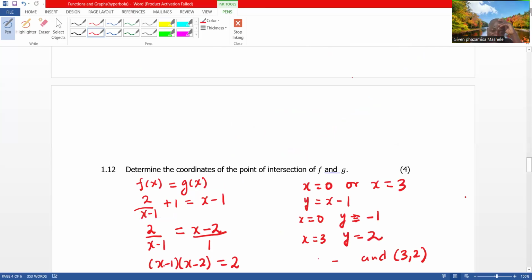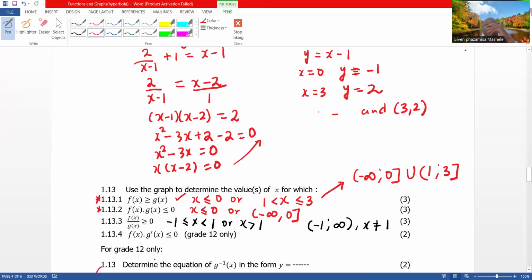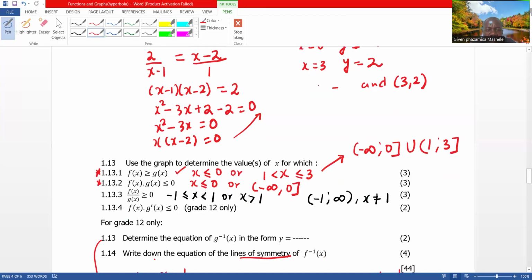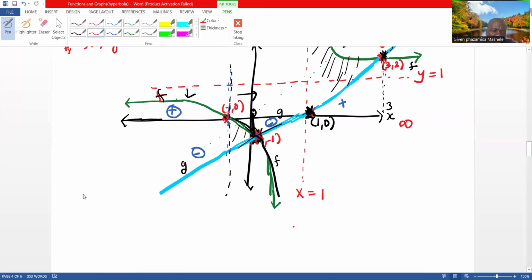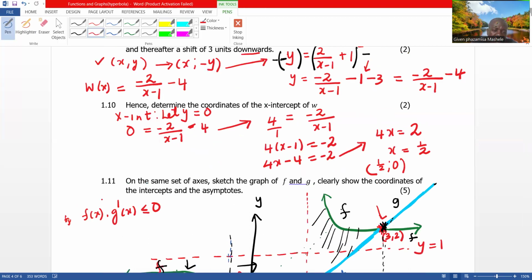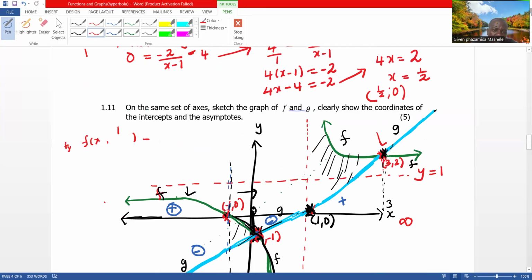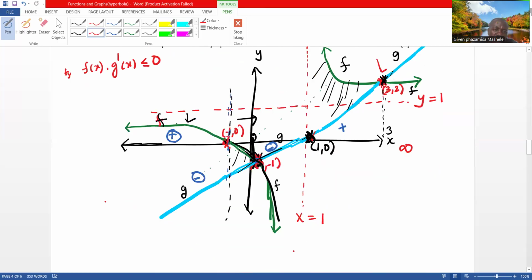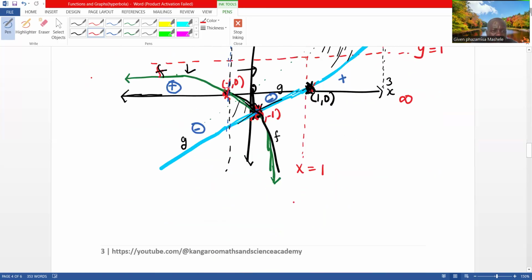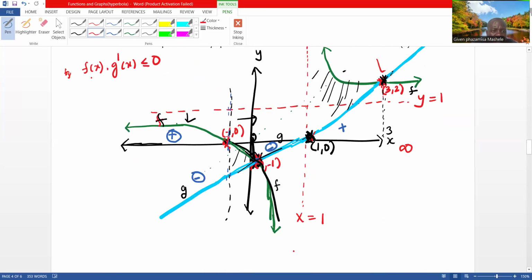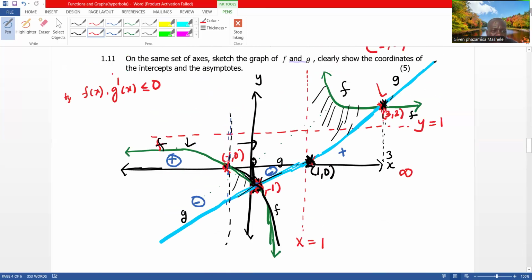Since we want less than or equal to 0, it means either f is positive and at that time g prime is negative, or f is negative and at that time g prime is positive.